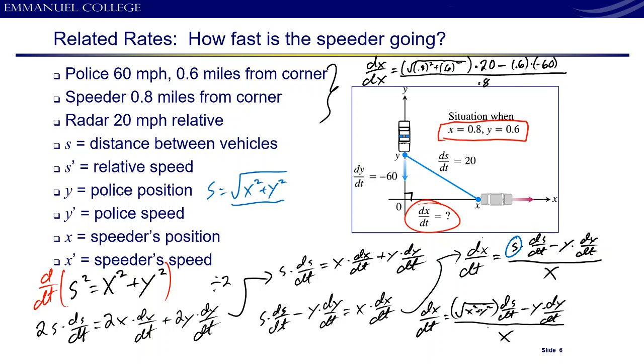So 0.6 squared plus 0.8 squared, and that's multiplied by 20.